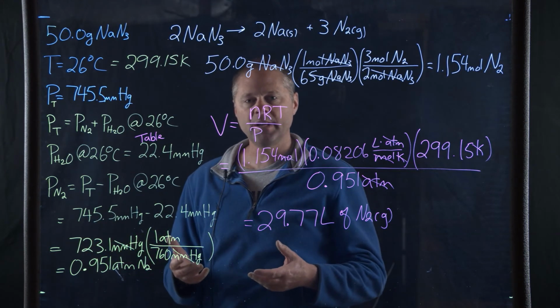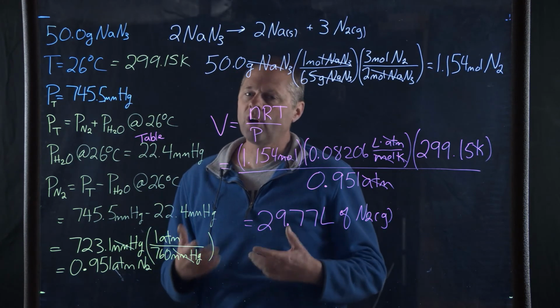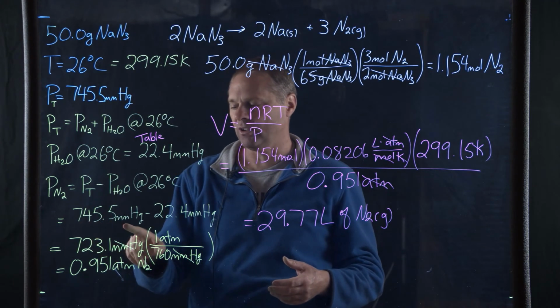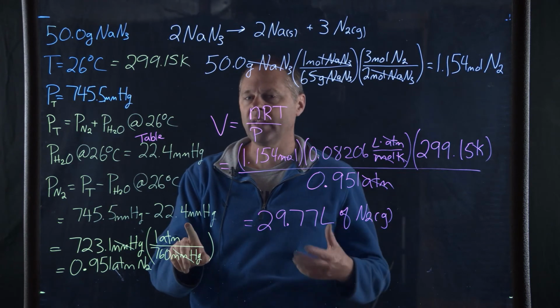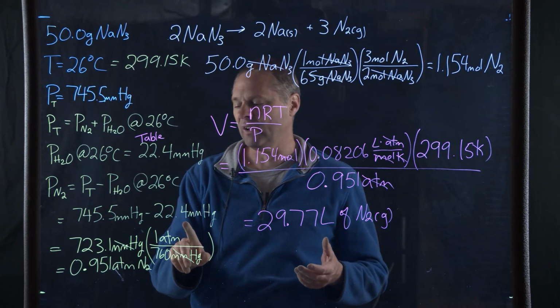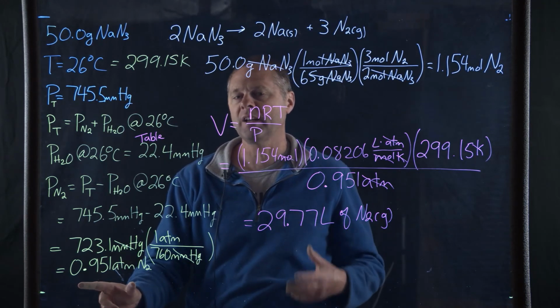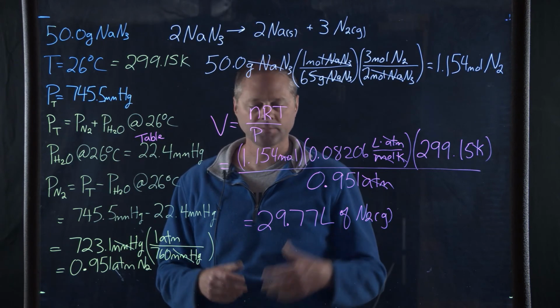As the nitrogen is being evolved, it is going to displace that water. But what's going to be in that flask is mostly nitrogen, but there's also going to be just a little bit of water. So we want to get rid of that amount of water when we do the calculation, such that we can determine the pressure of just the nitrogen alone, not with the water in it.